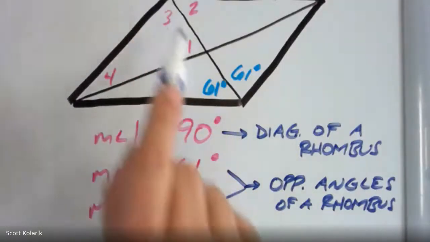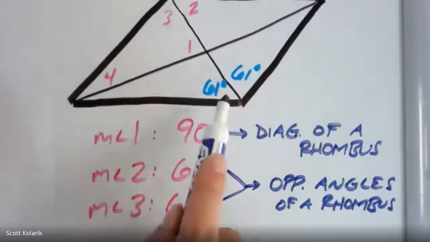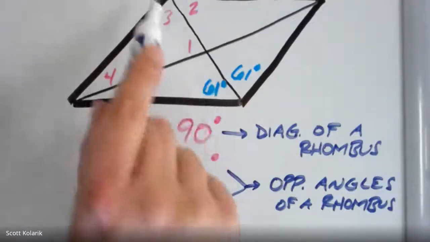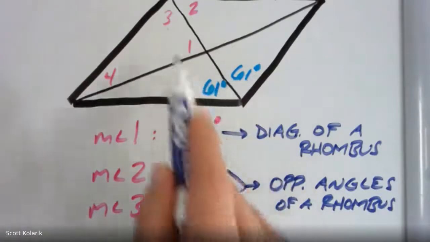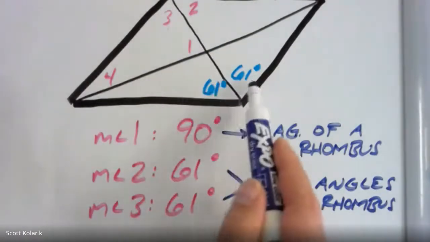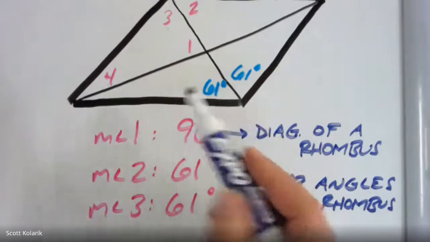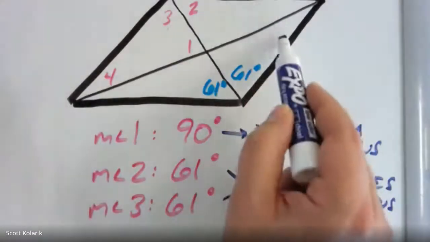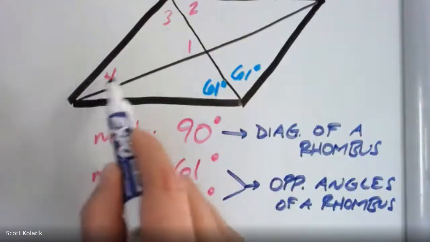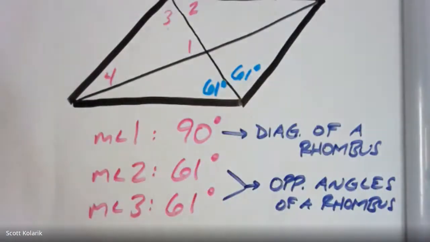But the diagonals of this rhombus have to bisect or chop in half each of those congruent angles into 2 other congruent pieces, meaning that these 2 will end up matching these 2. And it's not asked here, but these 2 down here would have to match these 2 up top here as well. We are asked about angle 4, and I'm going to get to that now in just this next piece.